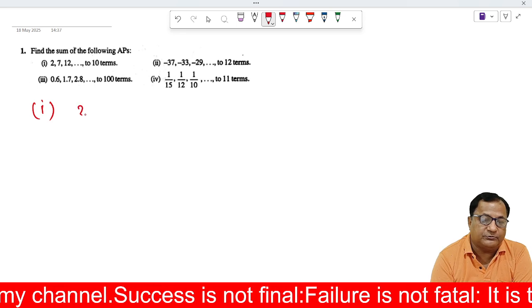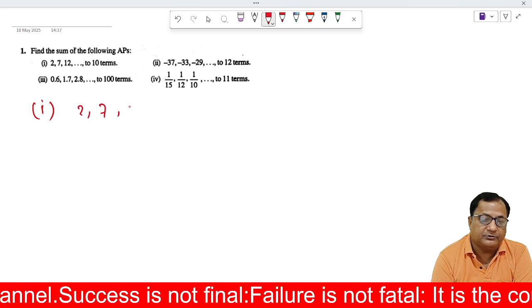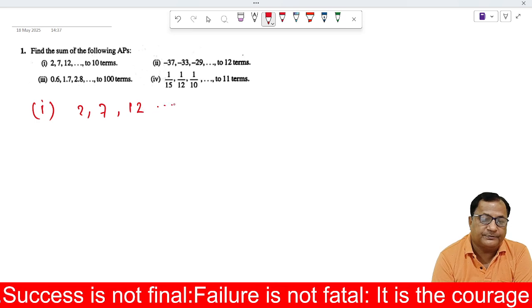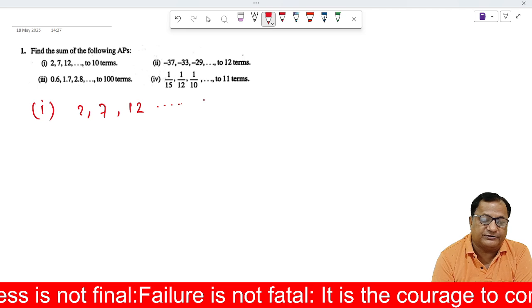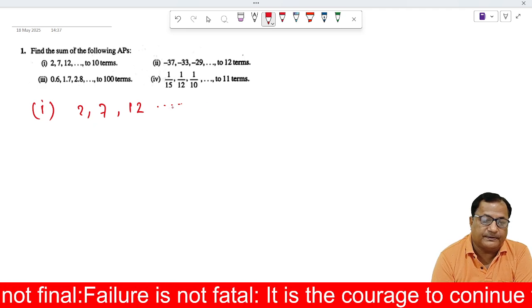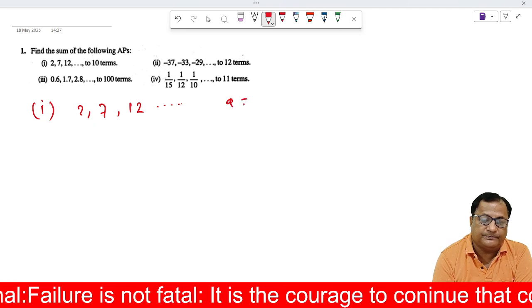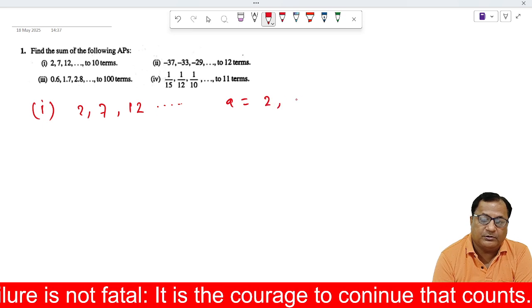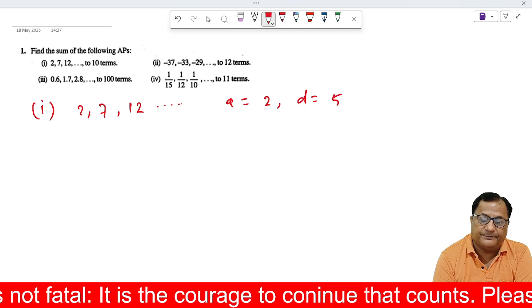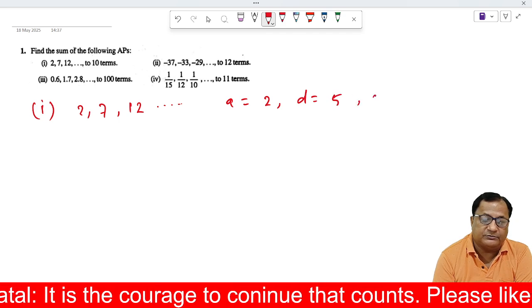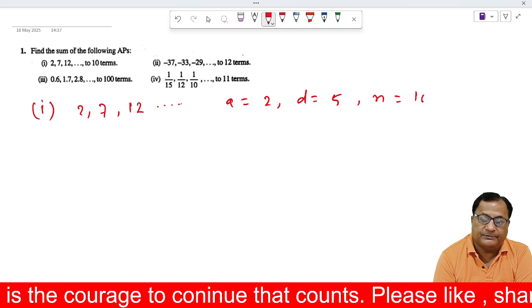The AP is given as 2, 7, 12, and so on, up to the 10th term. So here a is equal to 2, d is equal to 5, n is equal to 10.